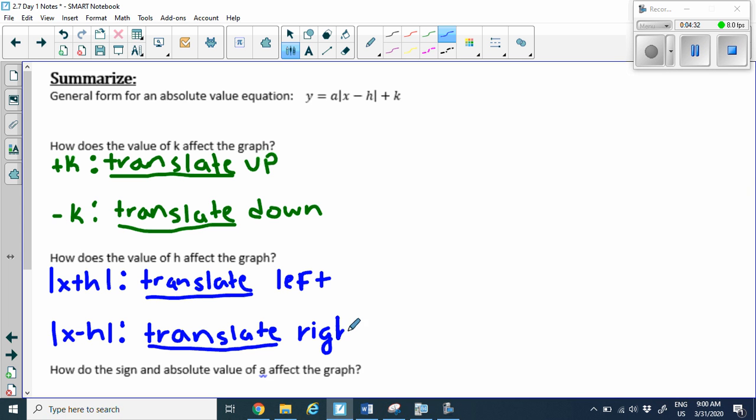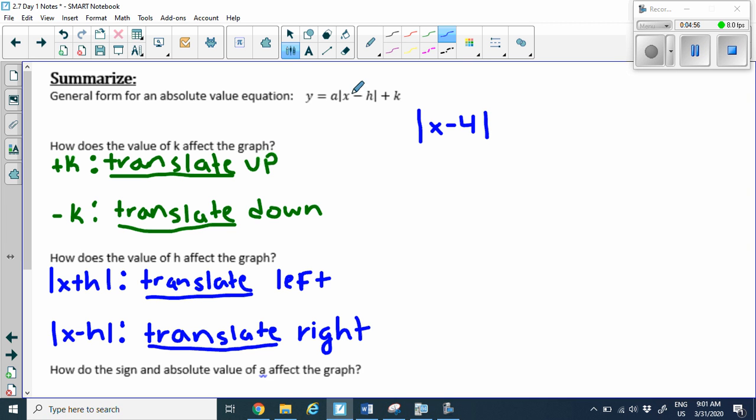So let's just say I have my x minus h, and let's say I plug in 4, okay? The number 4 is a positive number itself. So if I plug a 4 into this x minus h, I just do x minus 4, but I plug a positive 4, that's why it's there.